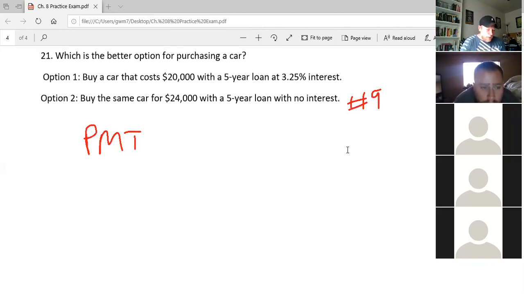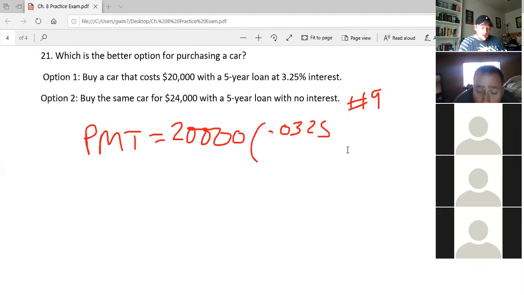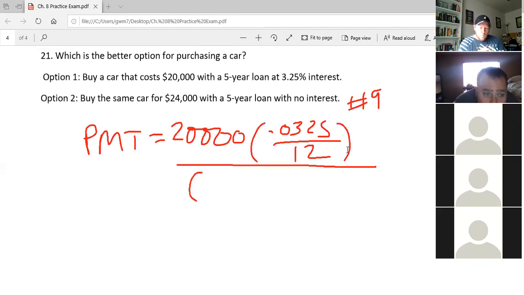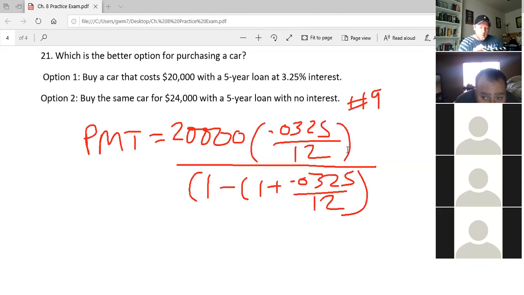So we have here the P is 20,000. The rate is 3.25% monthly over 1 minus 1 plus 0.0325 over 12 raised to the negative nt.